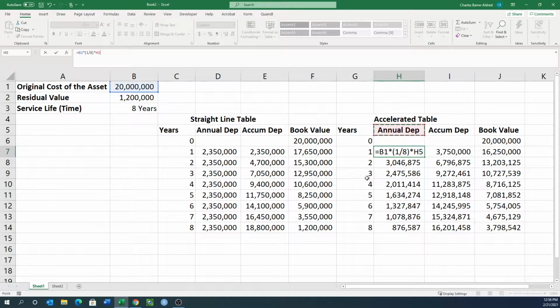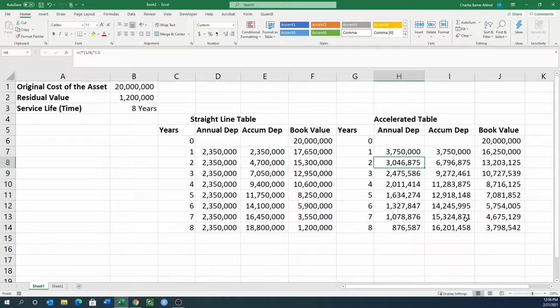So what we found was that we originally thought we'd have a residual value of 1.2 million, and when we use only 1.5 times the straight line rate, we came up with an ending balance here of almost 4 million.